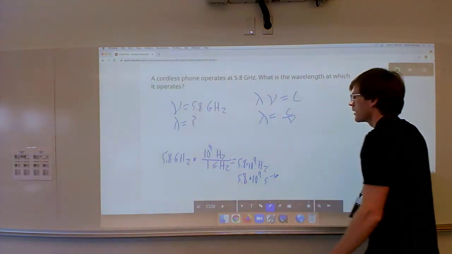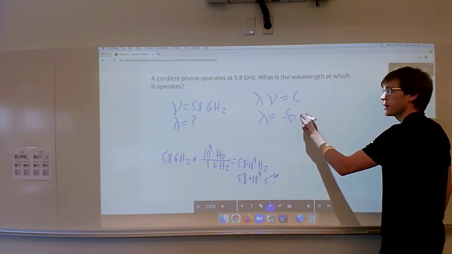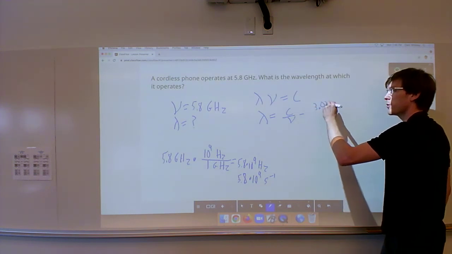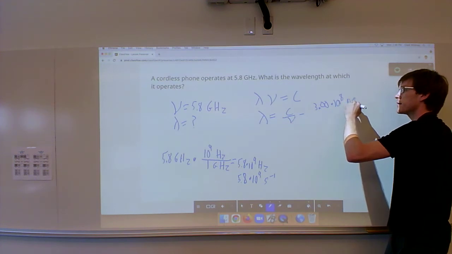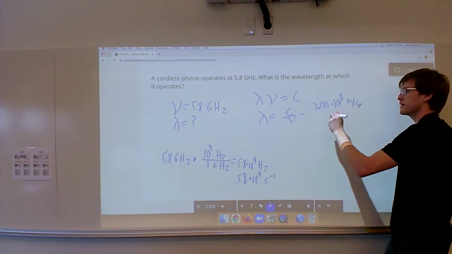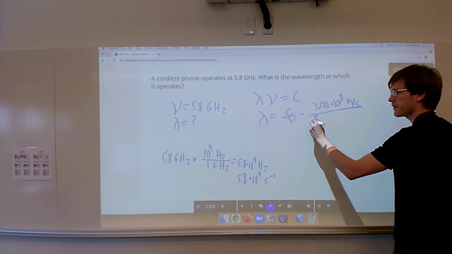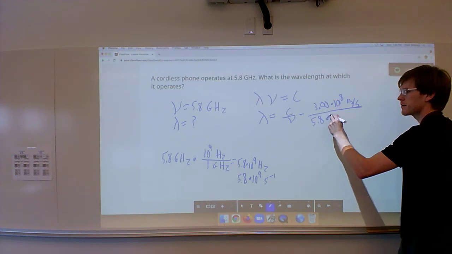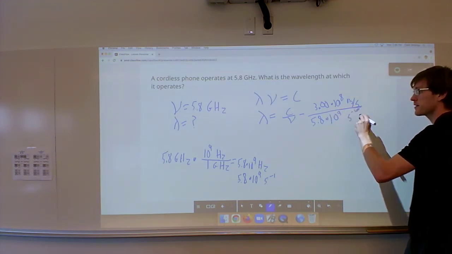All right. So we can say lambda is equal to c over nu. Our speed of light is 3.00 times 10 to the 8th meters per second, and we're dividing by 5.8 times 10 to the 9th inverse seconds.